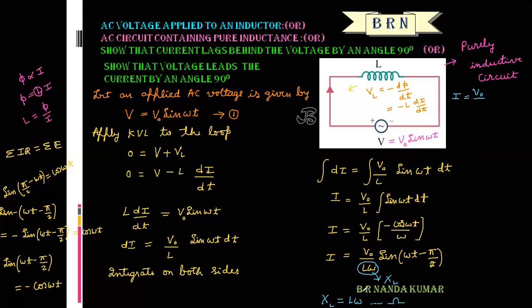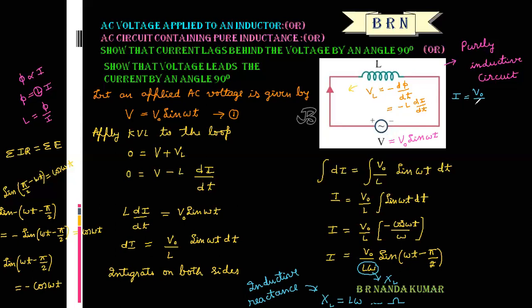Resistance is measured in ohm, and inductive reactance is also measured in ohm. This is inductive reactance: the effective opposition offered by the inductor to the flow of AC.